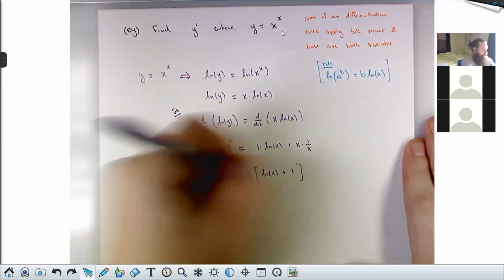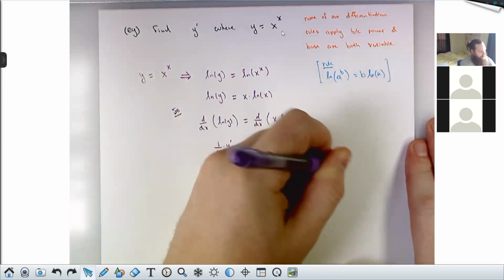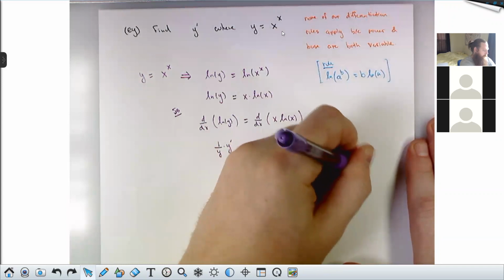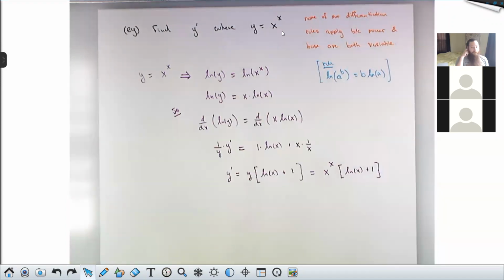So y prime would be x to the x times ln x plus 1. And this is a derivative that we could not have found otherwise, which is pretty cool if you ask me. And it's not really a new rule, it's kind of a trick. But it's a trick that opens up new stuff.